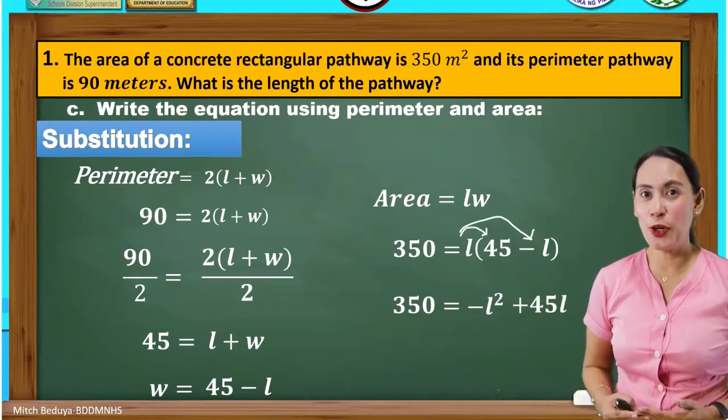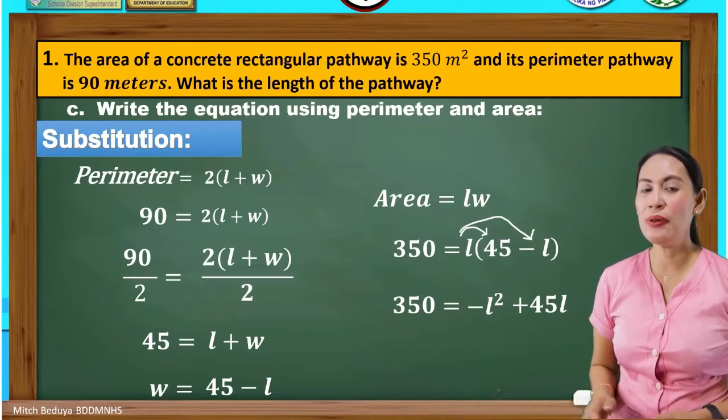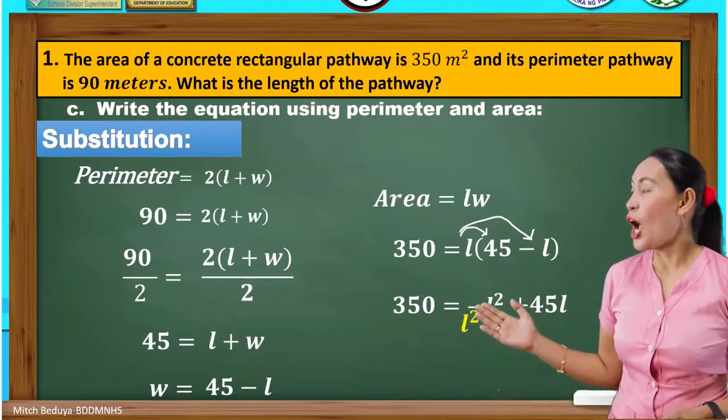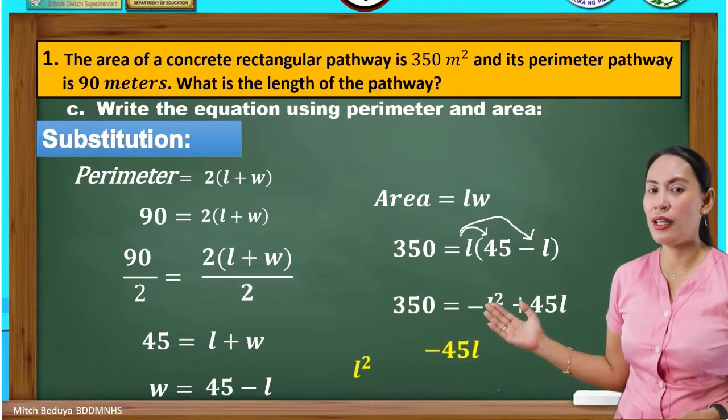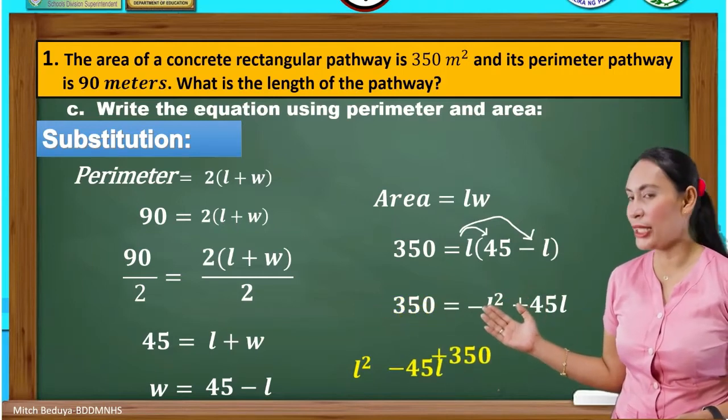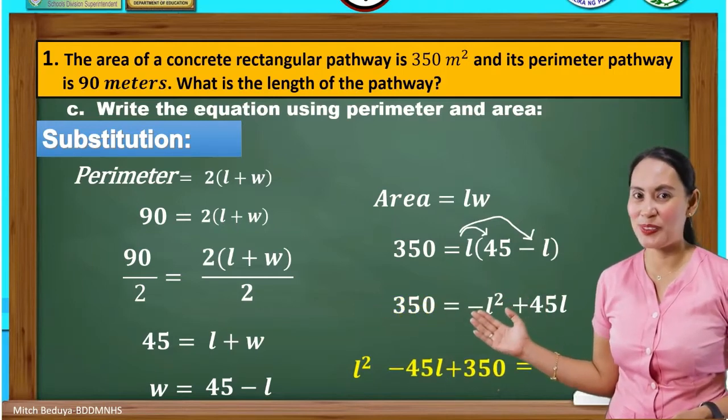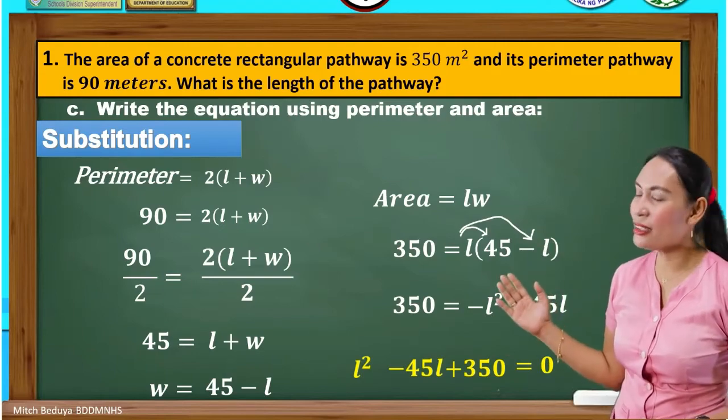In standard form, the equation is L squared minus 45L plus 350 equals 0.